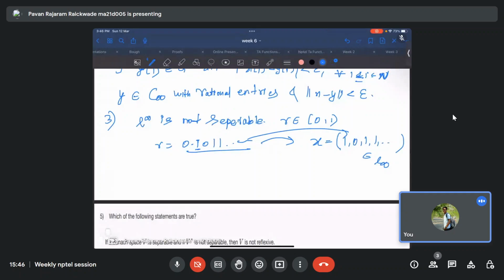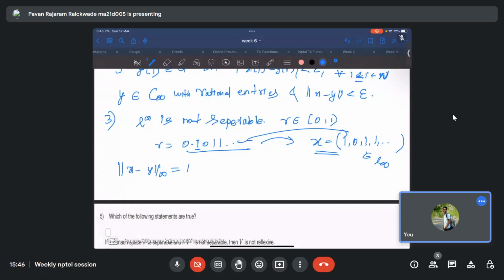So there are uncountably many elements here, and the difference between any two of them is 1, correct? Because for two distinct real numbers, there exists at least one entry which differs, in the value 1 or 0. That means the distance between any two of these points is 1.